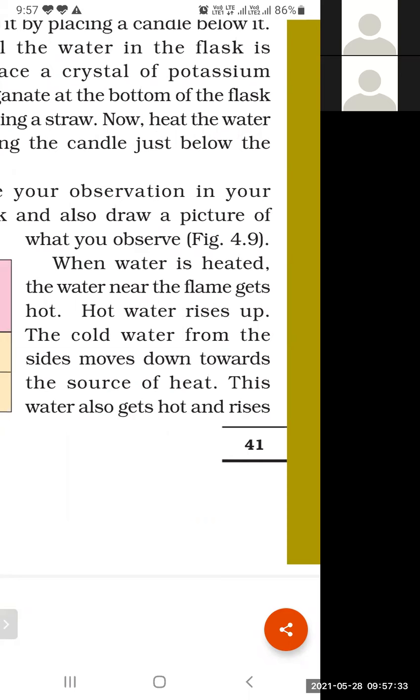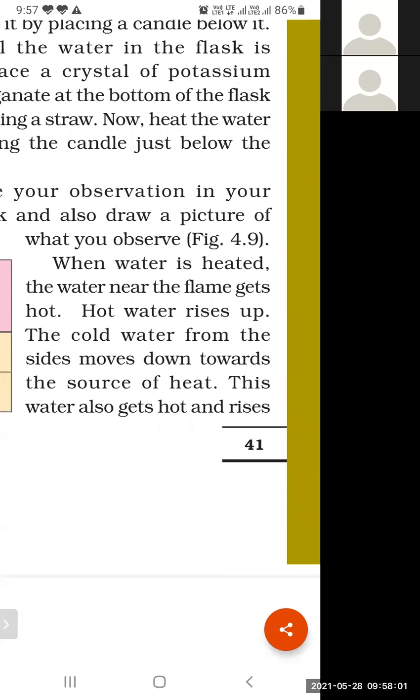So you have to compare these two cases. In the first case, when we are heating a metal rod, heat is transferred from one end to the other end. No particle or molecule of that iron is moving. But in the case of water, when we start heating, the water near the flame gets hot.